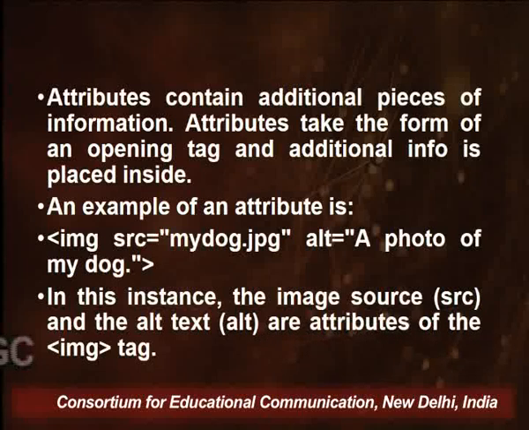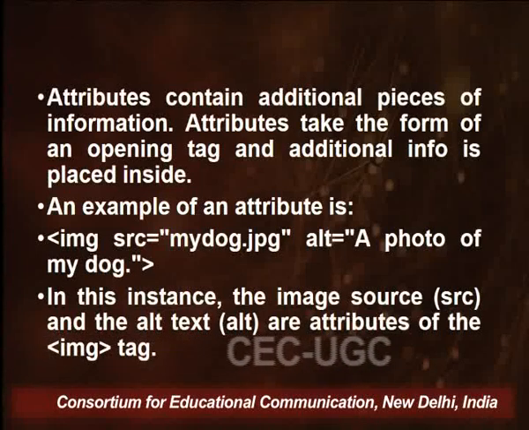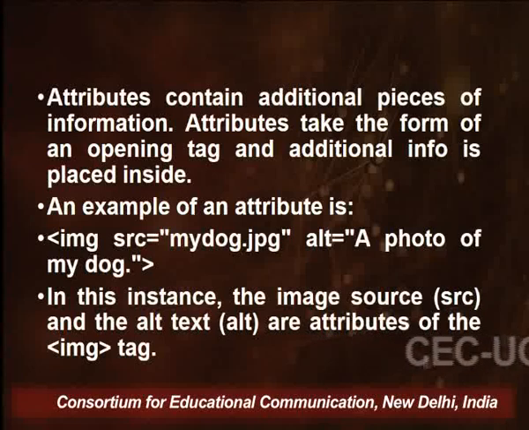For example, whenever we are placing an image tag, which is used to place an image, apart from the source information, which is mandatory, we can have the height and width of the image, that is, in what height and in what width that image is going to be displayed.